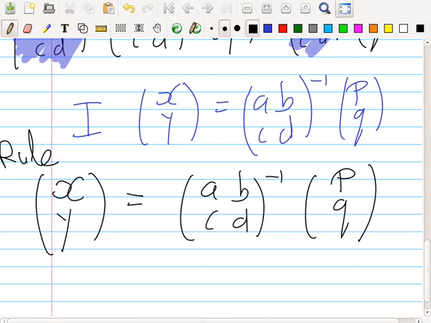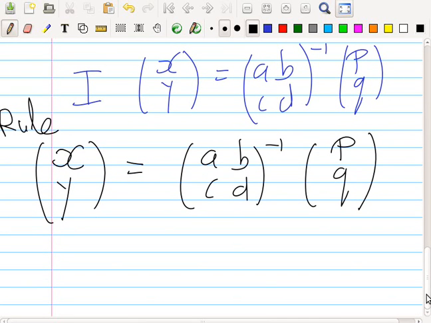So if you write this rule down, I'll show you some examples of how to use it. It's a pretty useful rule, and my advice is you should always use this method to solve simultaneous equations, because in the exam they will say use the matrix method to solve.